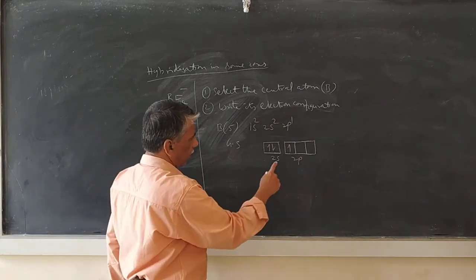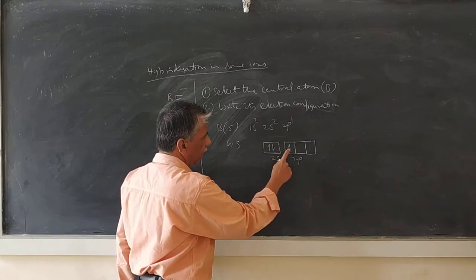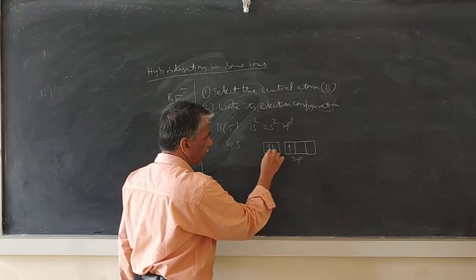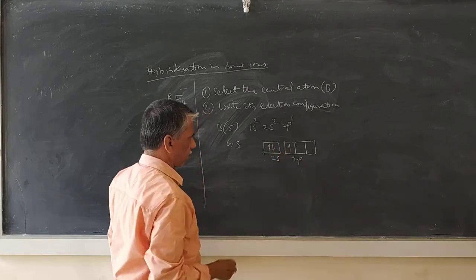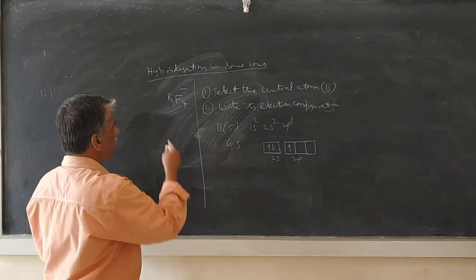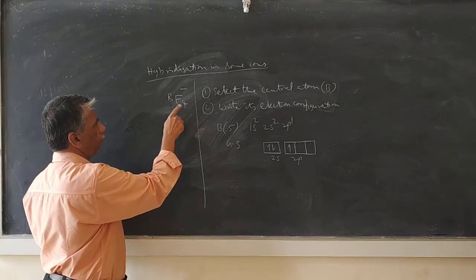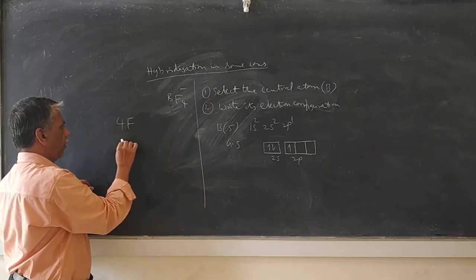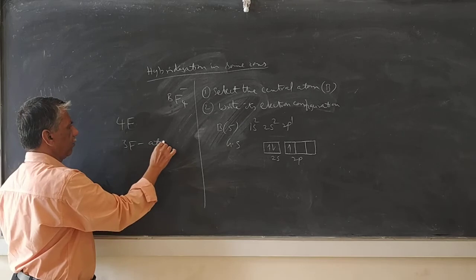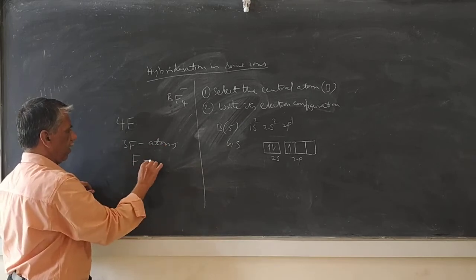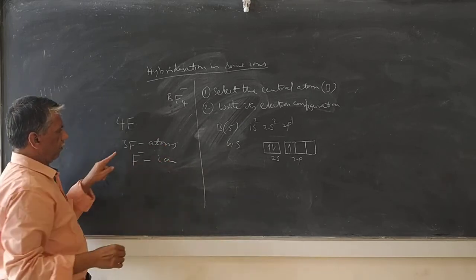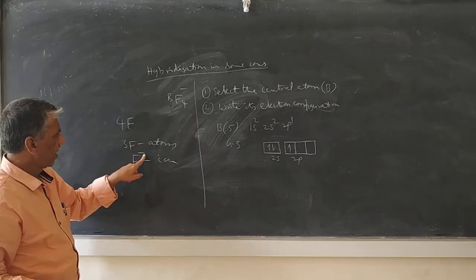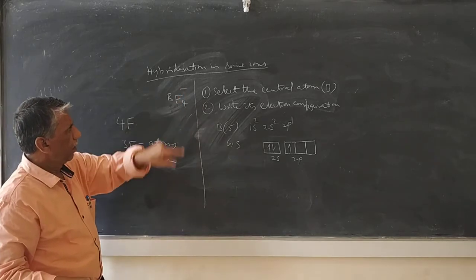Now, you just see here how many unpaired electrons are here. Only one unpaired. This is the paired electron. This is the unpaired electron. But you just see in this ion there are 4 F atoms. Out of 4 F, 3 F are atoms and 1 F is the ion, F minus ion.